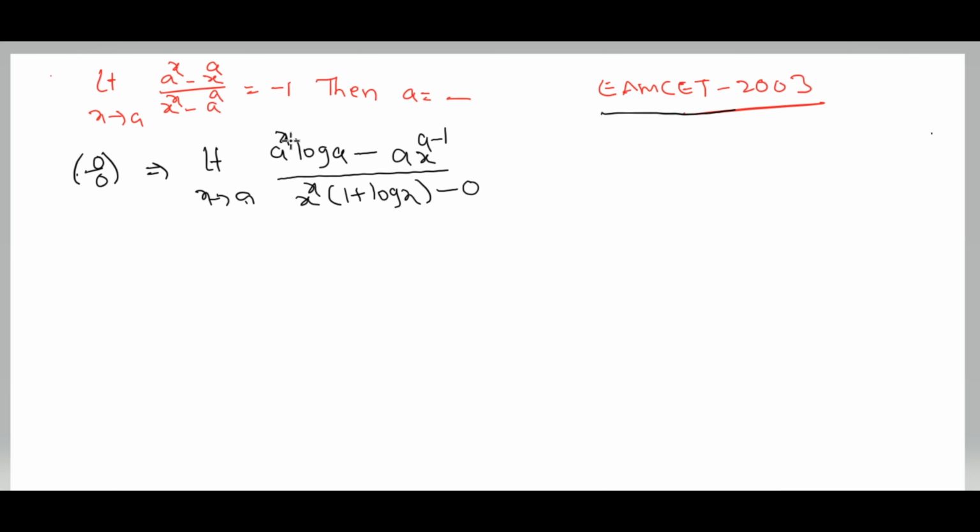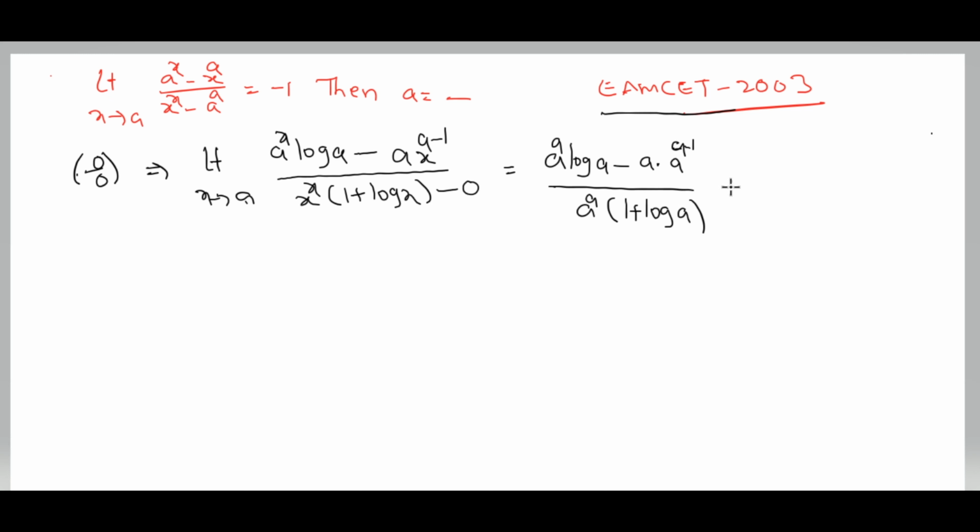Substituting x is equal to a in this equation, that is equal to a to the power of a into log a minus a into a power a minus 1, by a power a into 1 plus log a.